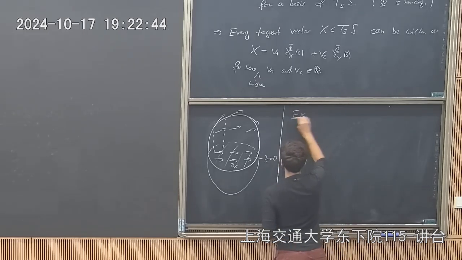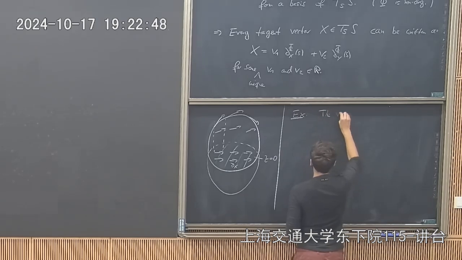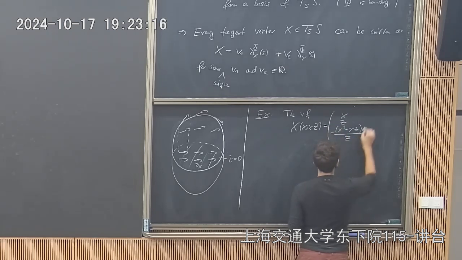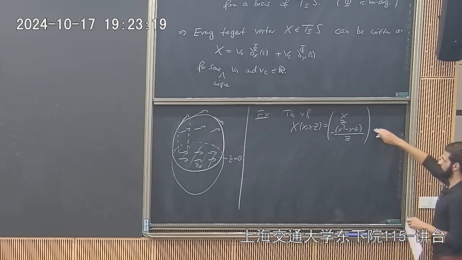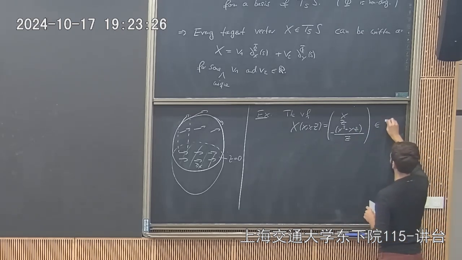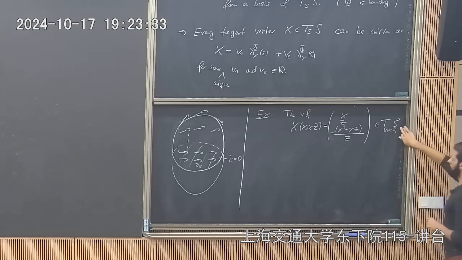For example, the vector field is given by capital X, and we look at this vector field, and you can check that it is indeed a vector field on S. So this one is an element of the tangent space.